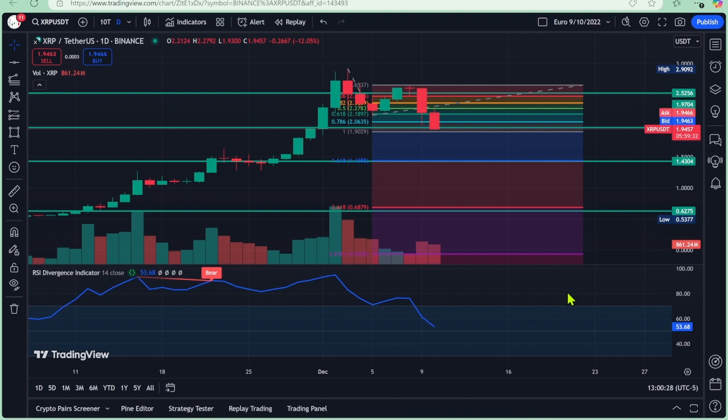Now, I want to bring you back into this chart, back into the trenches, so we can take a look at what is going on. Here we go with what I was showing you on our last episode, trying to determine if XRP falls, where will it fall to?